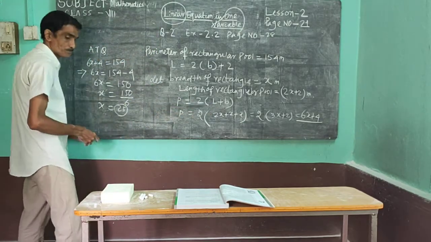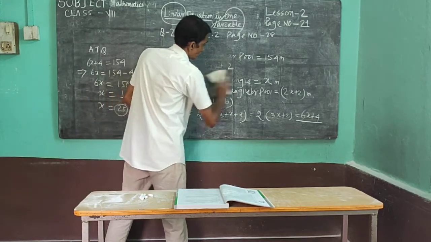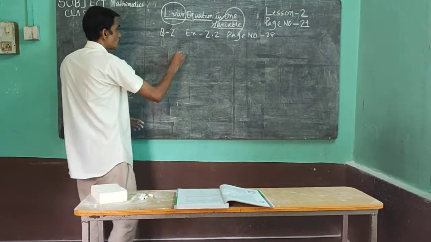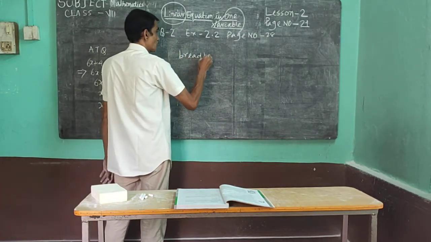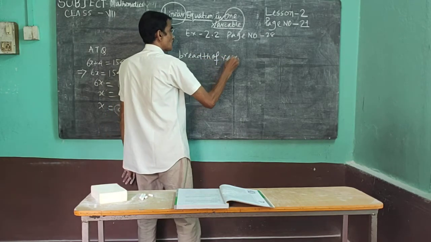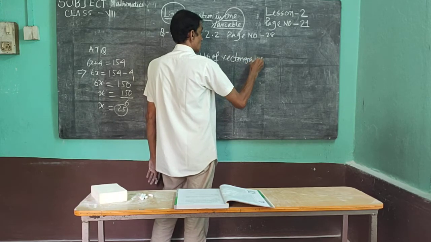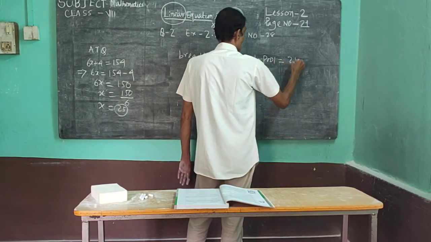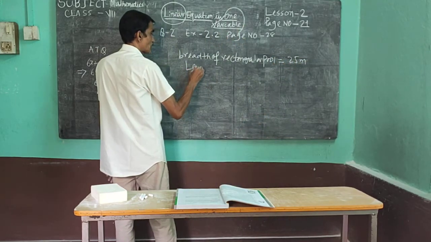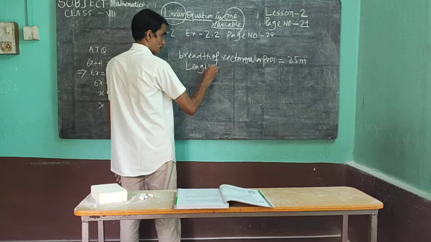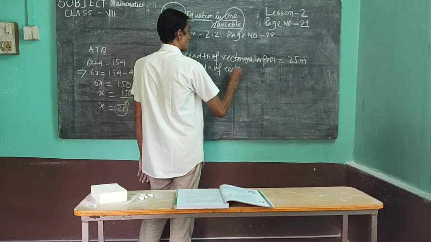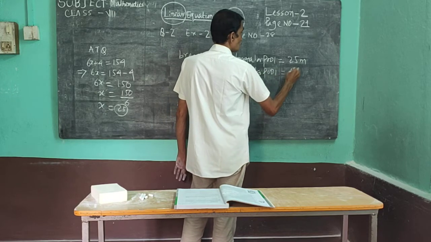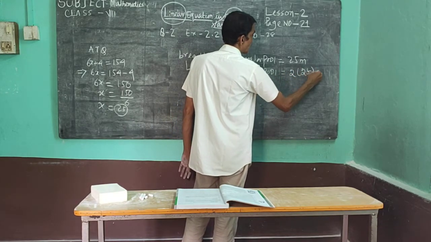You just show your answer. Therefore, the breadth of the rectangular pool is equal to 25 meter and the length of the rectangular pool is 2 times the breadth, again 2 more.